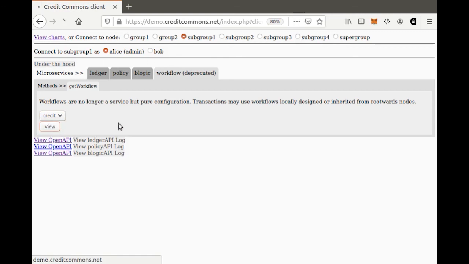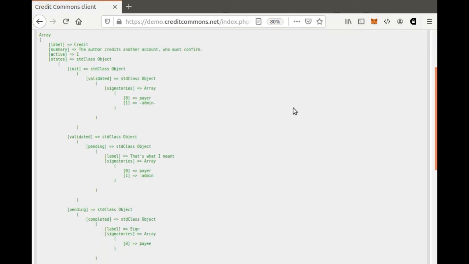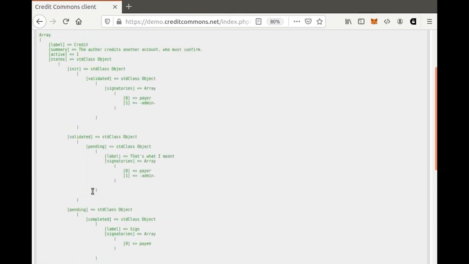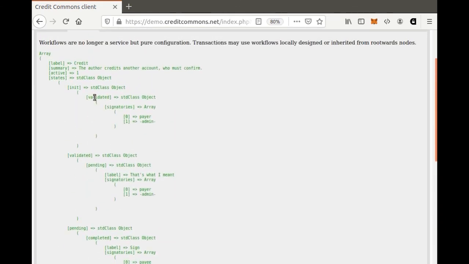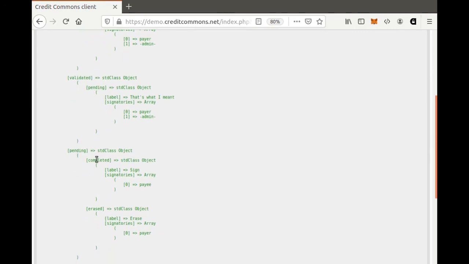So here's what that looks like. This is basically a config file that states who can do what. So here's all the workflow states: init, validated, pending, completed. Here's the states you can move to from that state. So for example, from the validated state you can only move to the pending state, and from the pending state you can move to completed or erased.